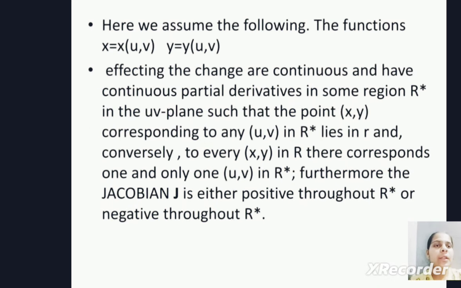And here we assume the following: the functions x equals x of u comma v, y equals y of u comma v effecting the change are continuous and have continuous partial derivatives in some region R star in the uv plane, such that the point x comma y corresponding to any u comma v in R star lies in R, and conversely, to every x comma y in R there corresponds one and only one u comma v in R star. Furthermore, the Jacobian J is either positive throughout R star or negative throughout R star.